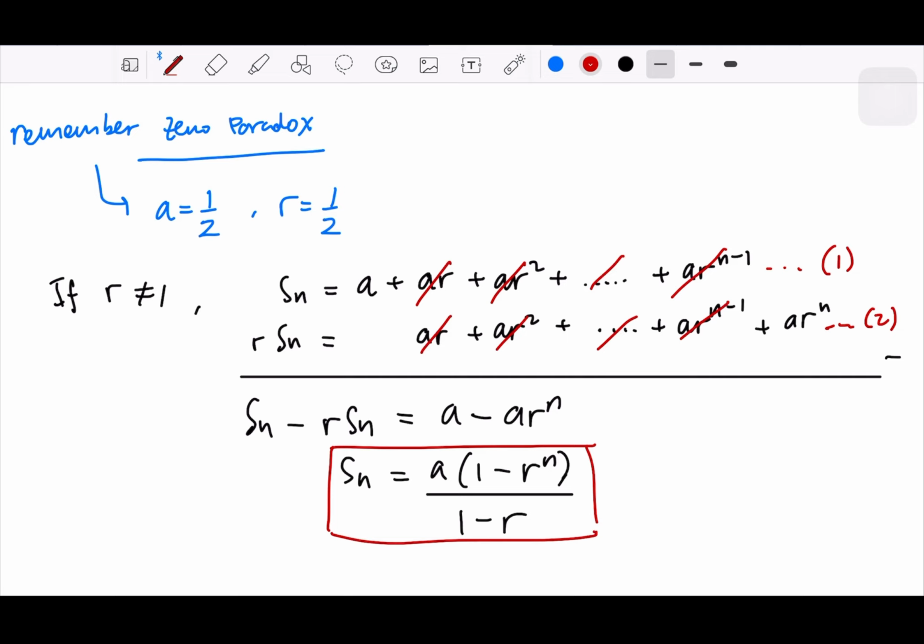I think you have maybe studied this before. But if you forget how to get the formula, you can take the geometric pattern, multiply by R, and then subtract, and then you can develop the formula.